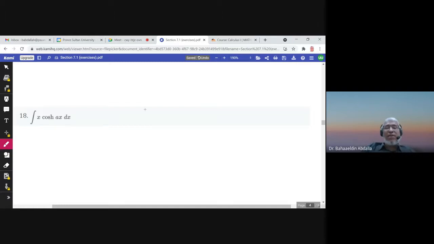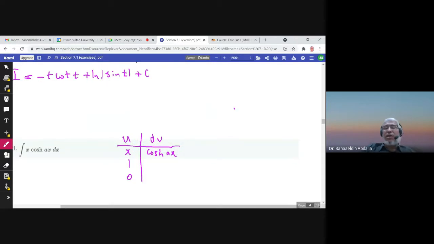I have x, it's an algebraic function. Its derivative is 1 then 0. So I can use this method. And I have here cosh ax. Well, we know that the integral of cosh x dx is just sinh x plus c. So what would happen if he asks me to find the integral of cosh of ax plus b dx?